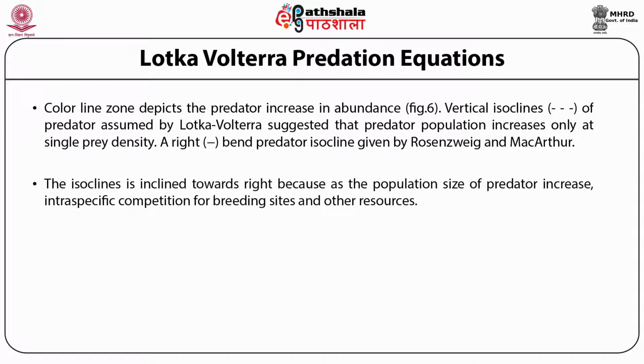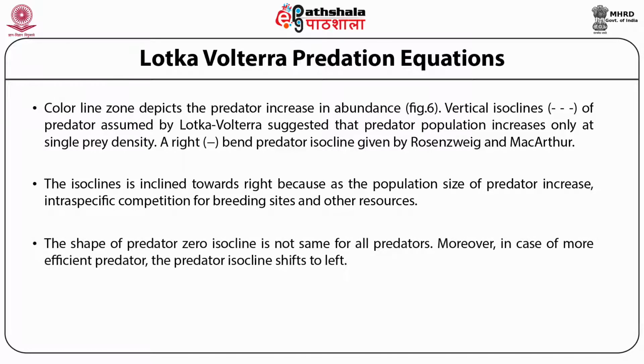The isocline is inclined towards the right because as the population size of predator increases, intraspecies competition for breeding sites and other resources increases. The shape of the predator zero isocline is not the same for all predators. Moreover, in the case of a more efficient predator, the predator isocline shifts to the left.